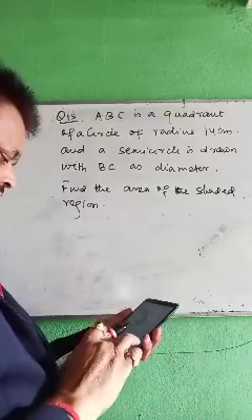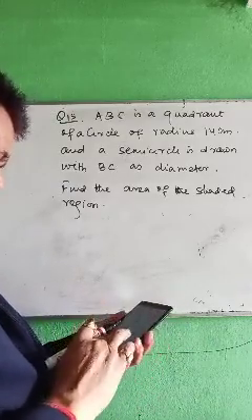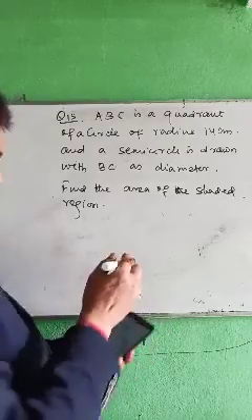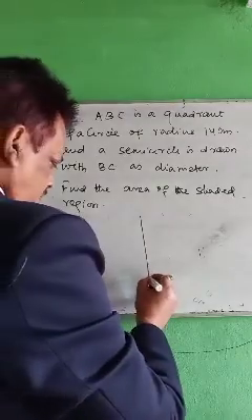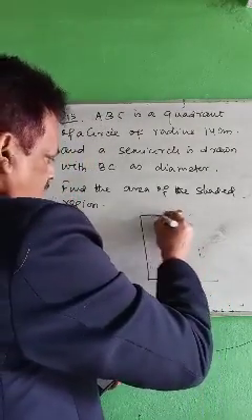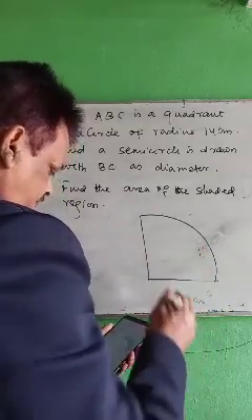Okay, so it is given to us like this. This is a quadrant ABC.